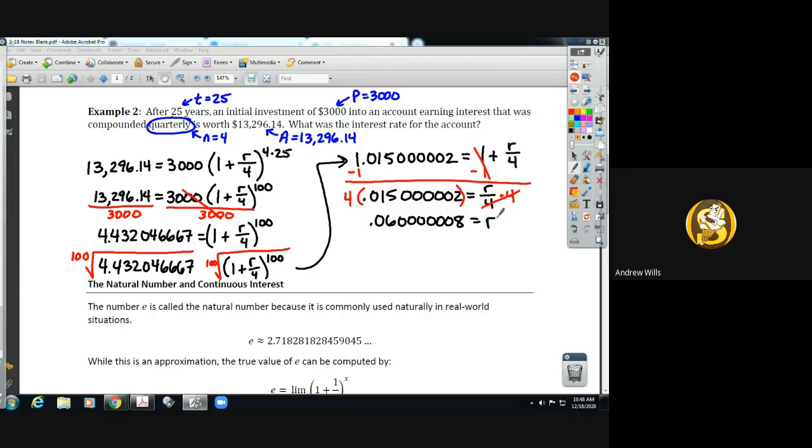Now we are going to round that off. Interest rate usually is rounded to 4 decimal places as a percentage. So we would look at the 5th digit, which tells us to round down. So in reality, this is going to be 0.06 or a 6% interest rate.